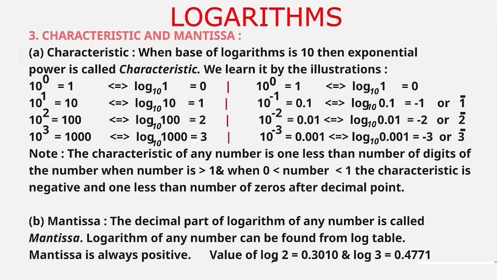The value of log 2 is 0.3010 and log 3 is 0.4771. The topic logarithm is very easy, provided you try to understand it properly and solve the questions of logarithms.